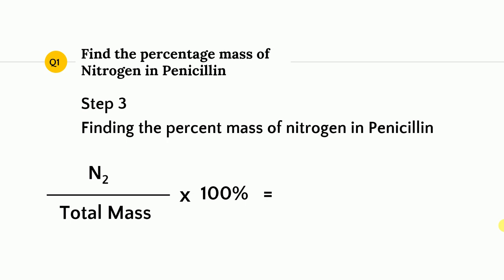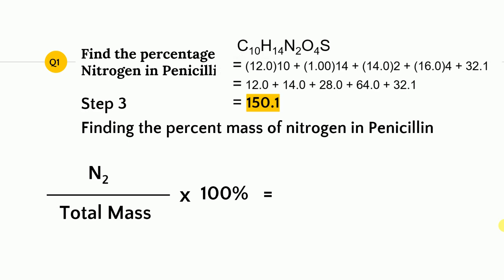Okay. On to our final step. To find the percent mass of nitrogen. So all we have to do is to follow this formula. Take the mass of nitrogen and divide it by the relative formula mass of penicillin. Then multiply it by 100%. So I'm going to insert a picture of the last slide right here. There you go. And we can see that nitrogen has a relative mass of 28.0. Sorry about that, 28.0.